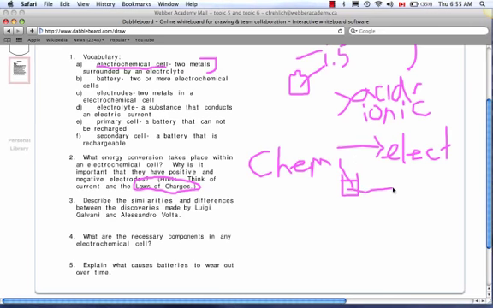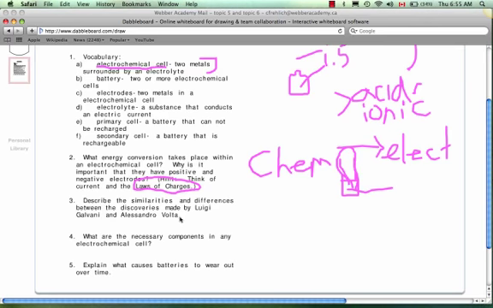That liquid is the electrolyte, and these two rods are the electrodes, and electrons flow from the negative through the wire and they end up collecting at the positive. And so why does that happen? Part of the reason is the attraction of negative to positive. There's an attractive force from the negative to the positive.